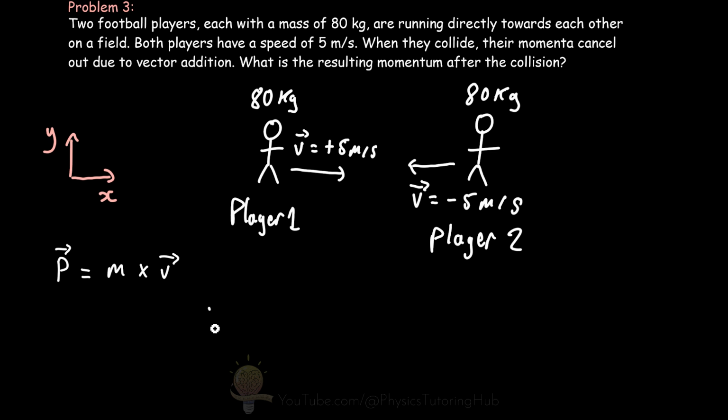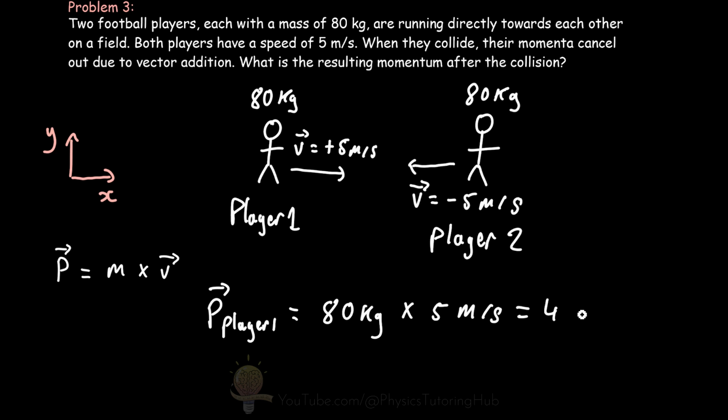So the momentum for player 1 equals 80 kilograms, the player's mass, multiplied by positive 5 meters per second. And we get a value of positive 400 kilograms meters per second.